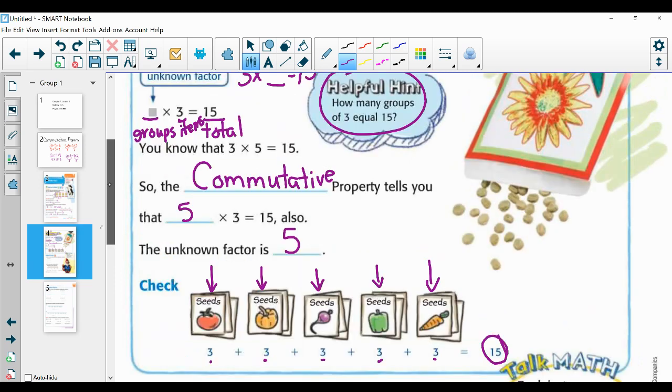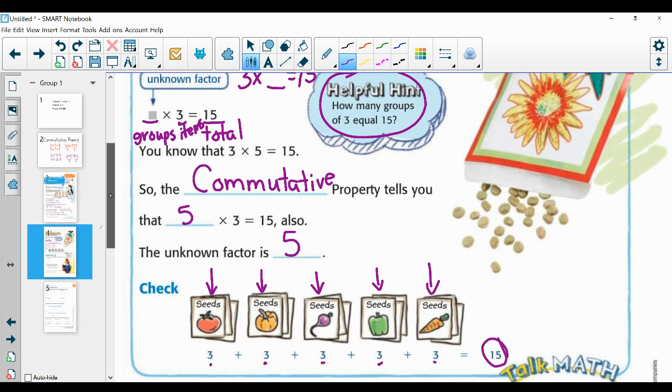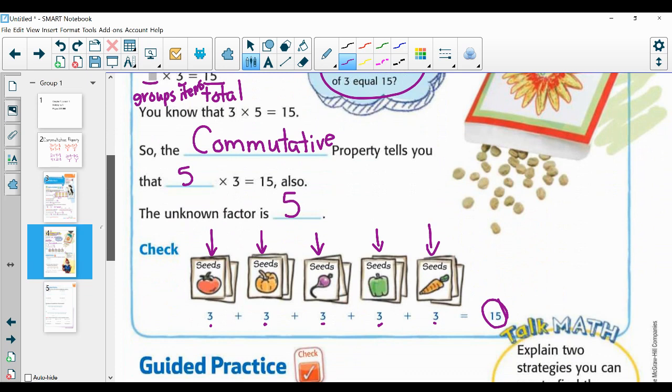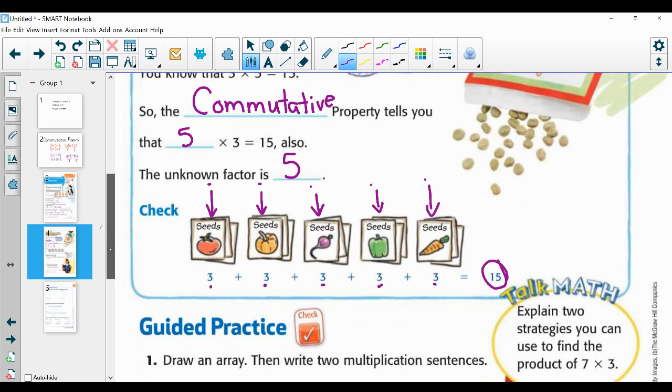Now our label would be kinds of seeds. Okay, so we had 5 kinds of seeds. 1, 2, 3, 4, 5. 5 kinds of seeds.